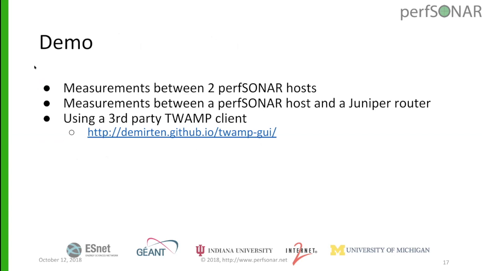And finally, I will be showing you a third-party TWAMP client and how our TWAMP server implementation is implementing the standardized protocol, and so working fine with other TWAMP clients that can exist.